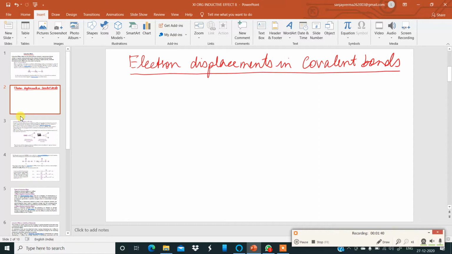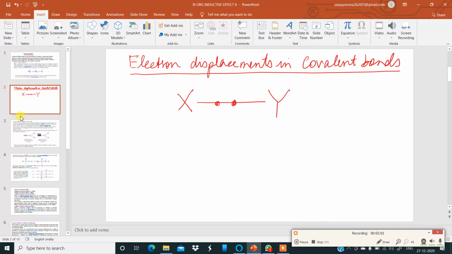That is shifting of electrons. For example, let's take a covalent bond formed between X and Y. Whenever I say it's a covalent bond, it is formed by the mutual sharing of electrons.